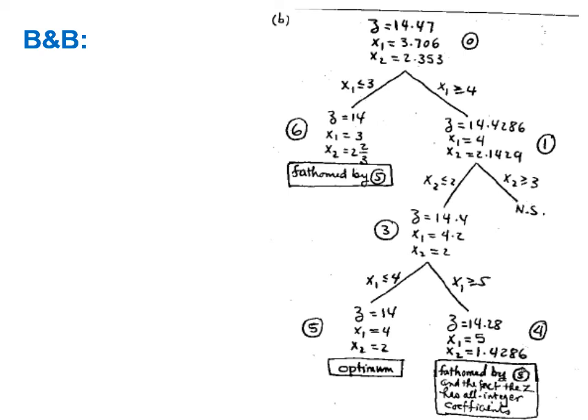For example, after finding the initial solution here, both x1 and x2 are non-integers. So in this tree, we decided to branch on x1. But if you decided to branch on x2, you will have a different tree.